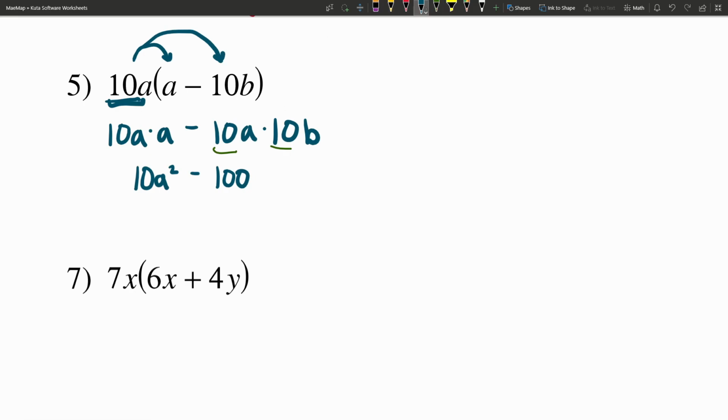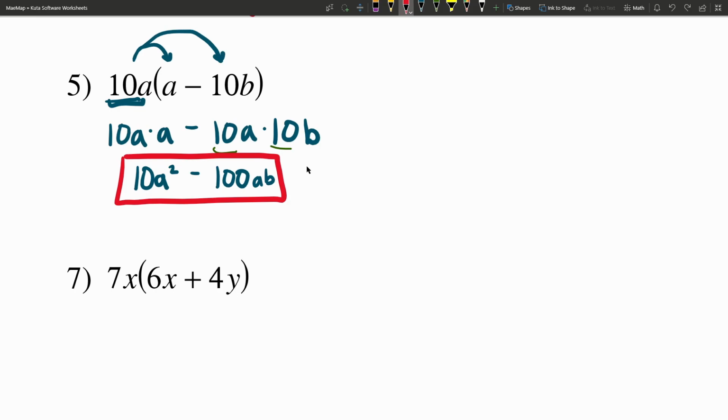So we're going to have 100 a times b, or 100ab, as that term that's subtracted. So our solution is 10a squared minus 100ab. And again, we can't combine those variables together because we don't know what those values are. However, we can indeed combine variables that are the same, but we cannot combine variables that are different.